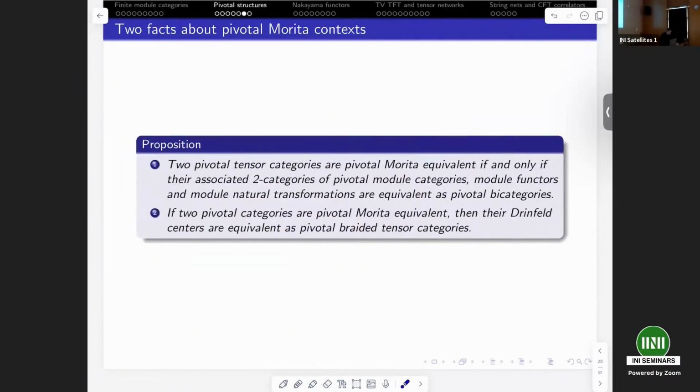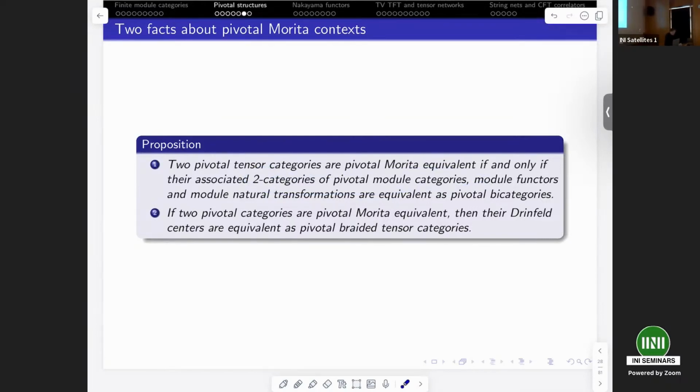So, two last facts. The first thing is about two algebras. If two algebras are Morita equivalent, then their representation categories are equivalent. We have a similar thing here. If we have two tensor categories, then we can look at the two bi-categories of module categories, and they will be equivalent.